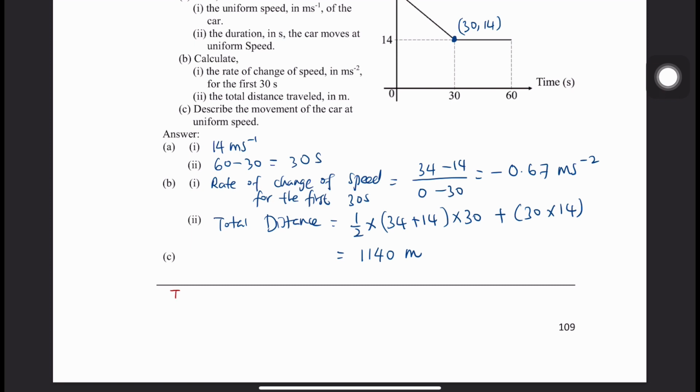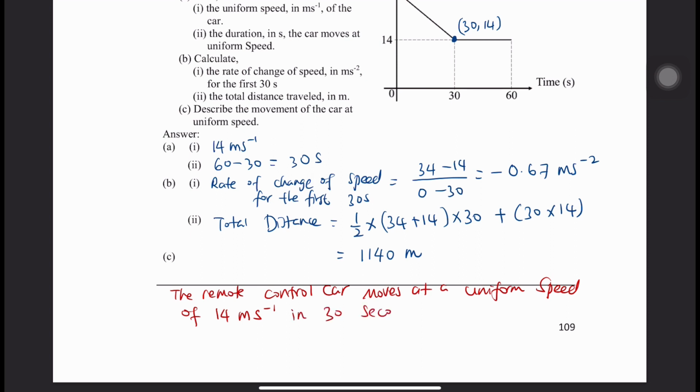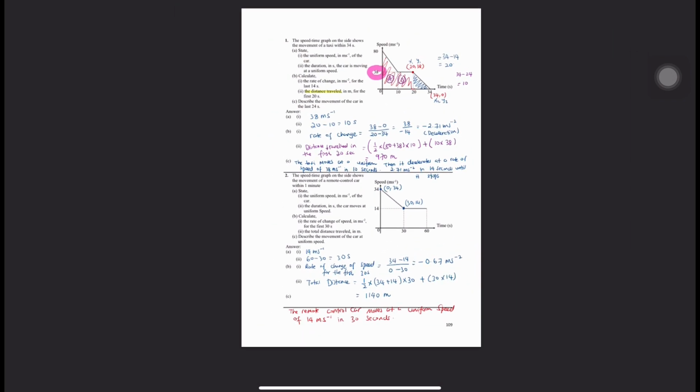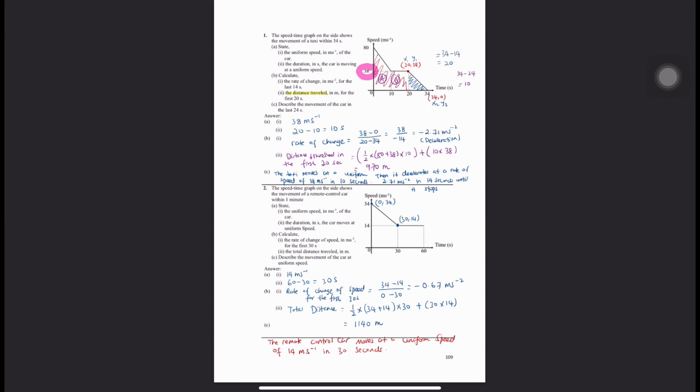Okay, so the remote control car, okay, moves at a uniform speed of 14 meter per second, okay, in 30 seconds. Settle. Okay, boleh? Macam tu je kan, nampak macam susah tapi simple sahaja.